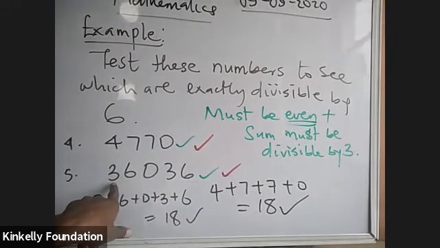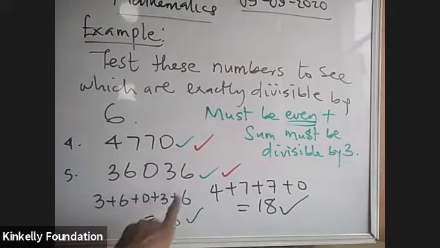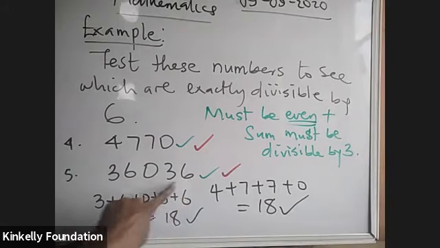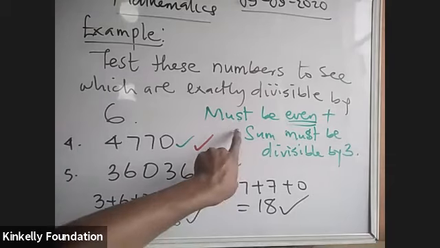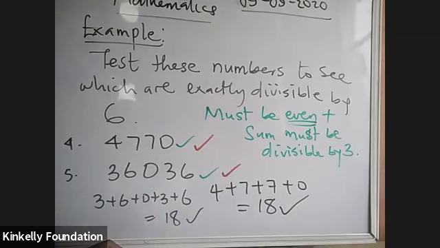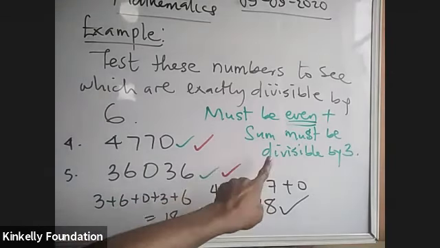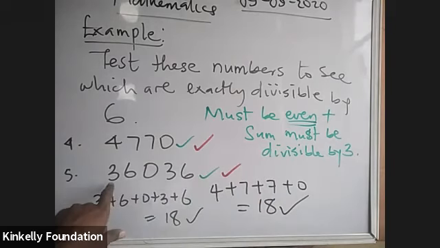Now, for the second one, 36,036, if you check, the last digit is even. So 2 can divide this number. It makes the first law hold. In the second one, it must be divisible by 3. The rule of divisibility by 3 says that the sum of the digits must give us a number that 3 can divide.